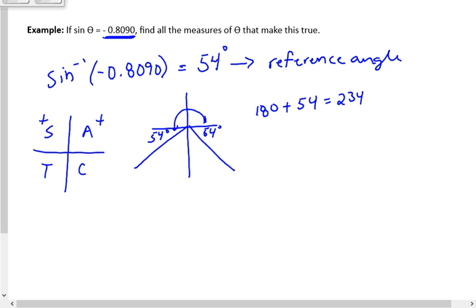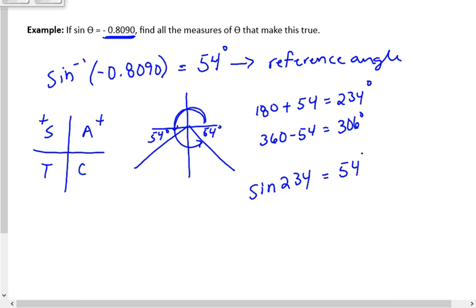And then from here all the way around to here could be expressed as 360 minus 54, which gives us 306 degrees. So if you put into your calculator sine of 234, you would find that it is equal to negative 0.8090, and sine of 306 would also give that same value.